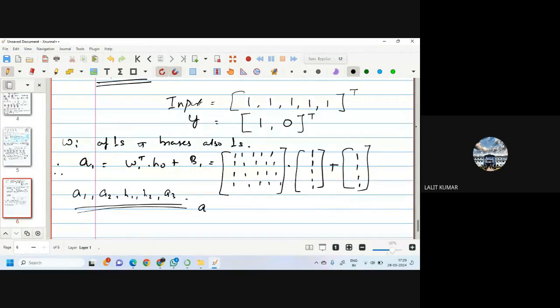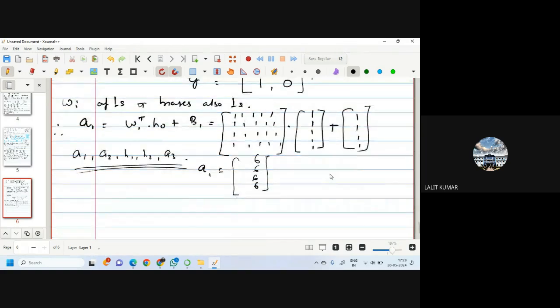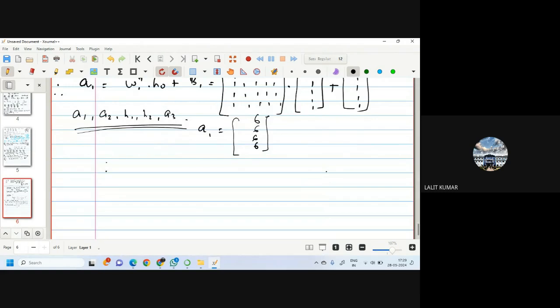A1 will become 5 plus 1, 6. This will become very high. I think it will come to 1.